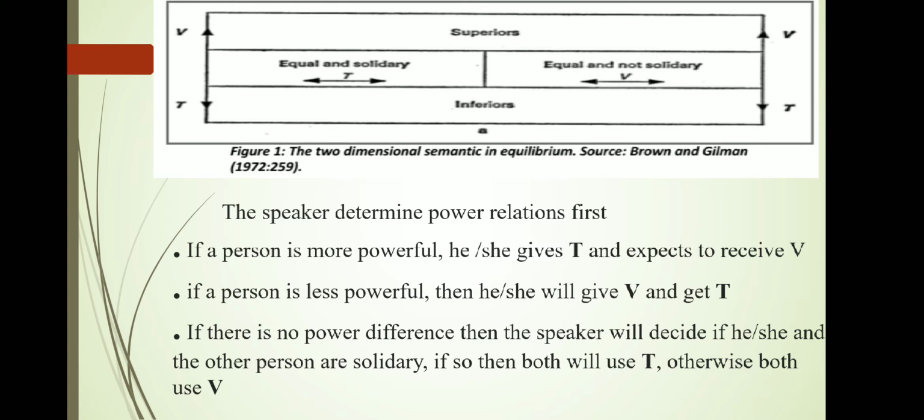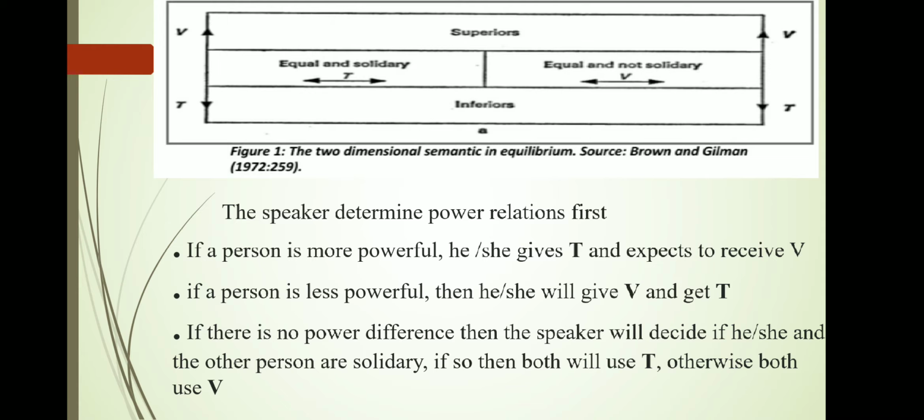If a person is more powerful, he or she gives T and expects to receive V, right? If a person is less powerful, then he or she will give V and get T. But if there is no power difference, then the speaker decides if he or she and the other person are solidary. If so, they both will use T. If not, they will use V.